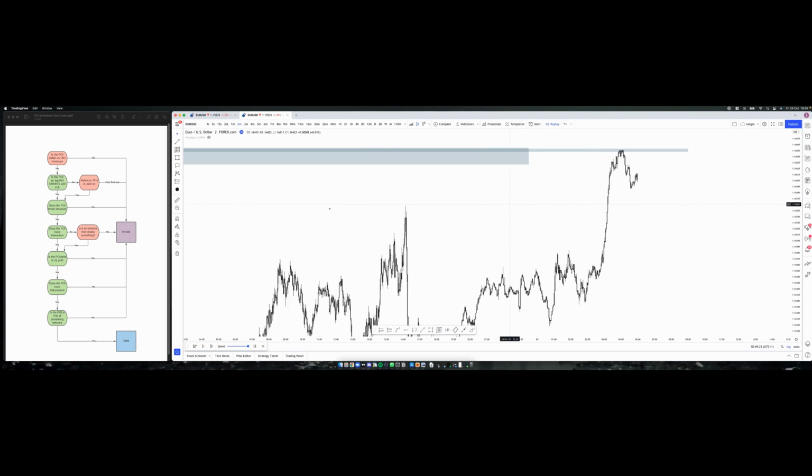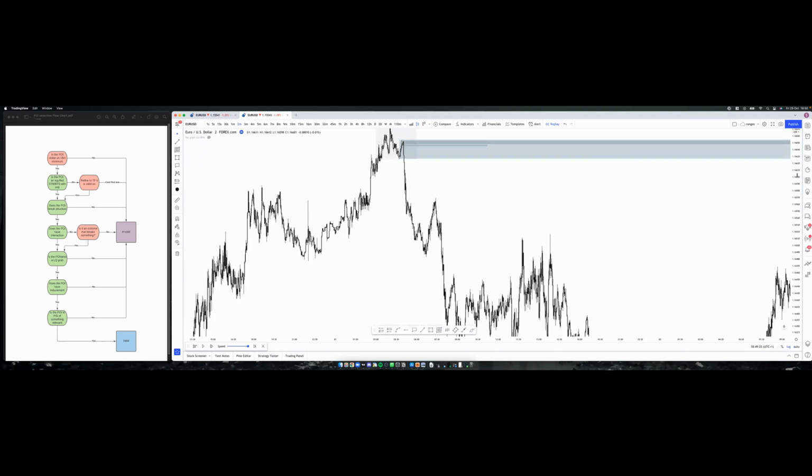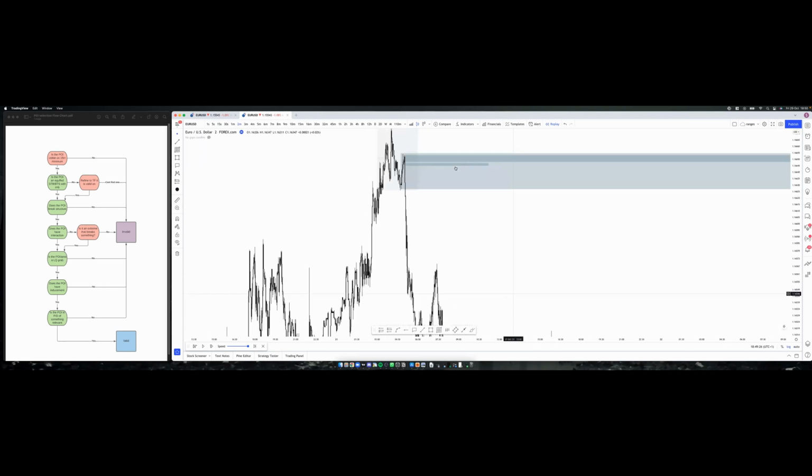Say we had something engulfed above this level. So say for example we had an engulfed buy sell there, right? Then we had this. 100% I'd take that. So you would take a second entry at both, as long as it doesn't violate the POI, right? If it even wicks above it, then the level's dead. We go back to 1M and wait for it to hit this, or we wait for 1M price action.